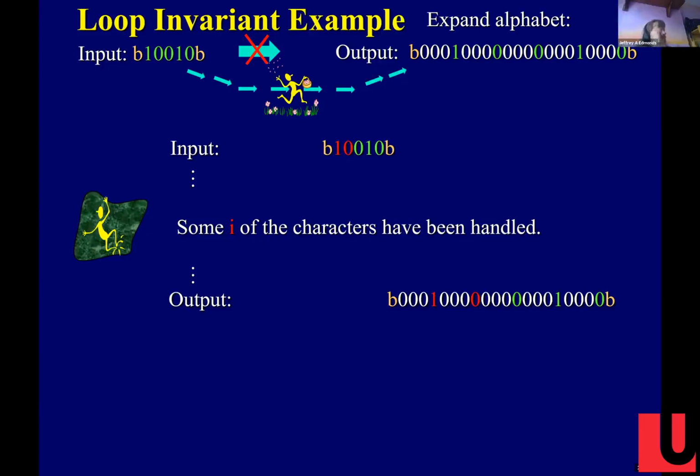But 2, the state can't remember I. And the reason it can't remember I is because the input could be arbitrarily big, right? And if the input's arbitrarily big, then I could be arbitrarily big, and I have to design the Turing machine before I get the input to have a fixed number of states. So the Turing machine can't know I.